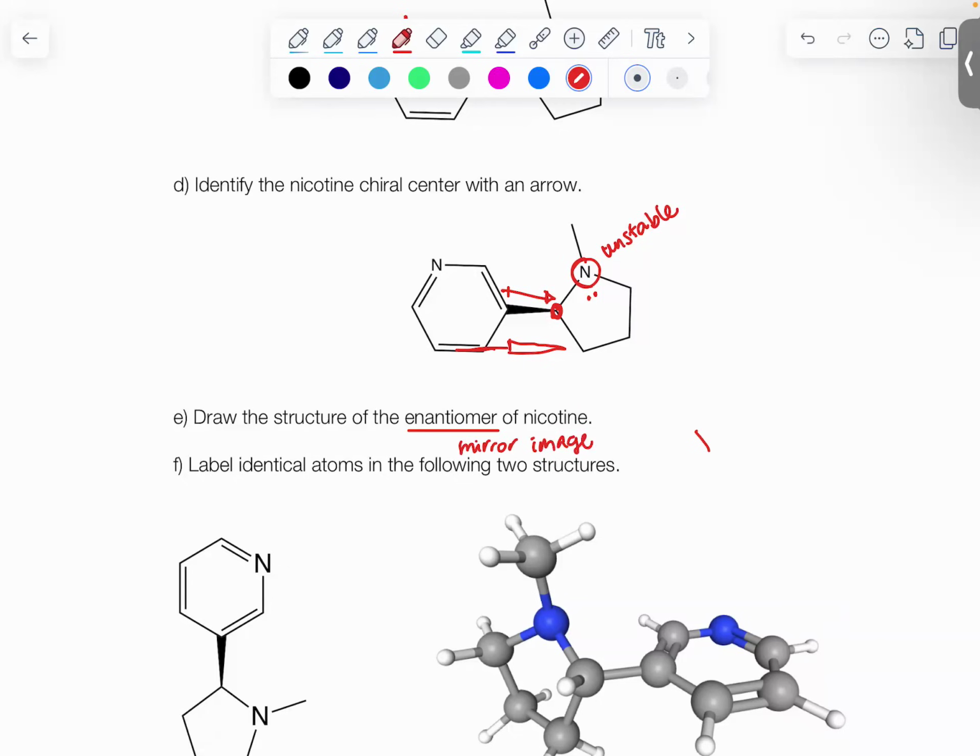And so with this one, it's pretty simple because we only have 1 chiral center and it was wedged. So now we'll do dash. So there you go. That's the chiral center, or the enantiomer of that chiral center.